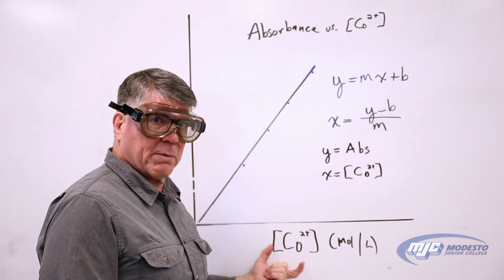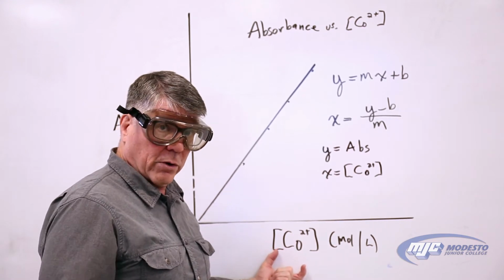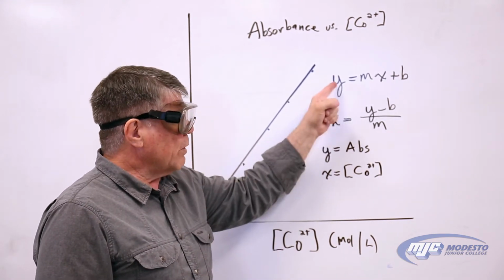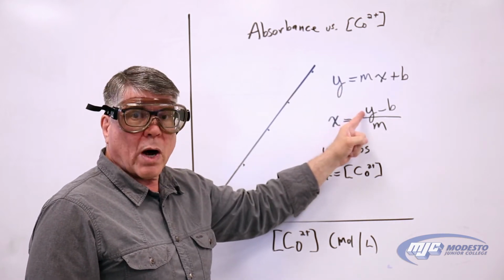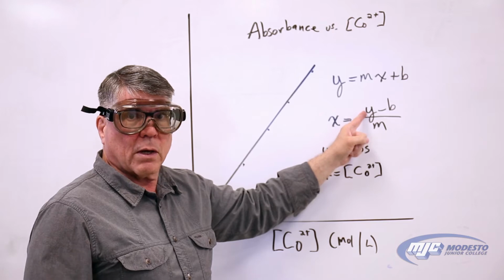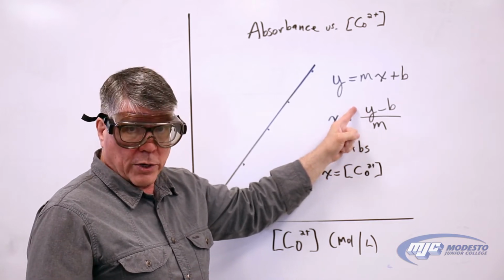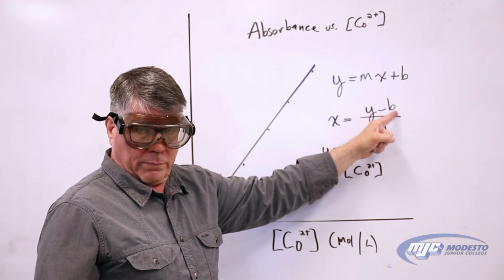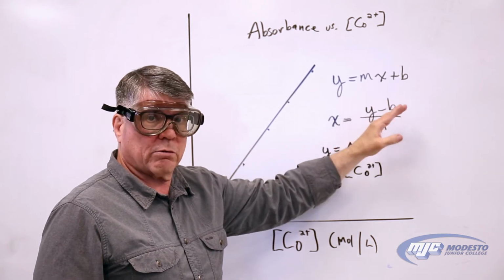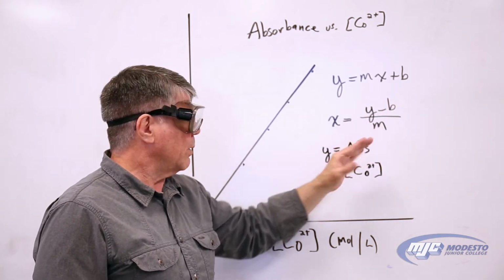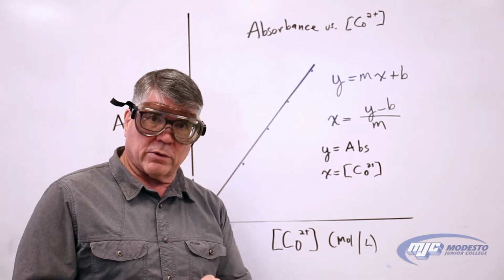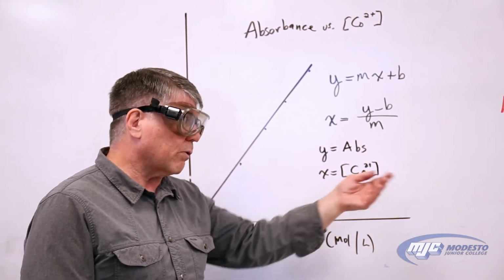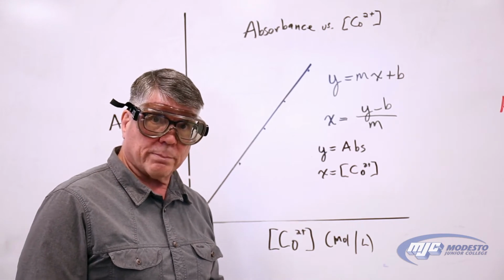We want to find x because x is the concentration of our unknown. So if you rearrange this equation a little bit and solve for x, you're going to know y. y is the absorbance of your unknown. b is from your equation, the number that the spreadsheet gives you, the y-intercept, m is the slope. Plug in, and you're able to calculate the concentration of cobalt and also of copper in your unknown.